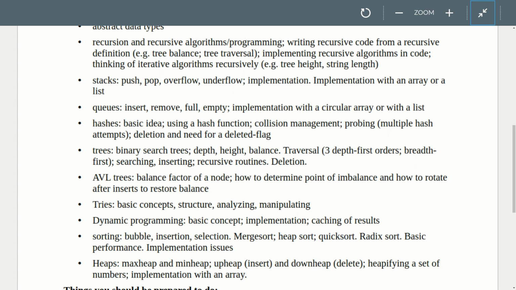Sorts. I would like you to know bubble sort, insertion sort, and selection sort. Those are order n squared, the inefficient ones. Merge sort, which is recursive, splits your list in half, sorts each half, and then merges them together. That's n log n. Heap sort, which is just throwing things onto a heap and then pulling them off in order, is n log n.